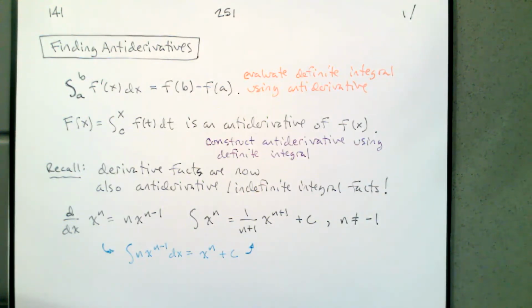So we spent a lot of time taking our derivative facts and turning them around to antiderivative facts. What we want to do now is add to that list. We want to look at some of the more complicated derivative rules and try turning those around.